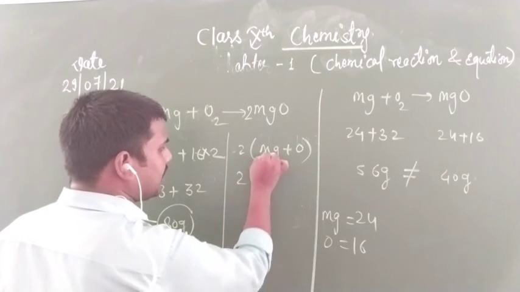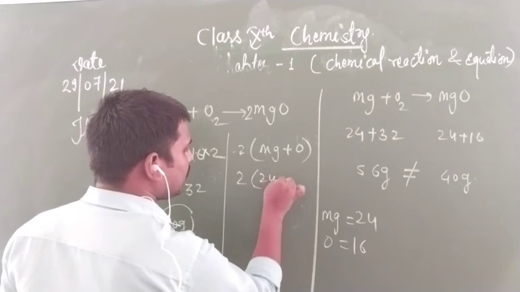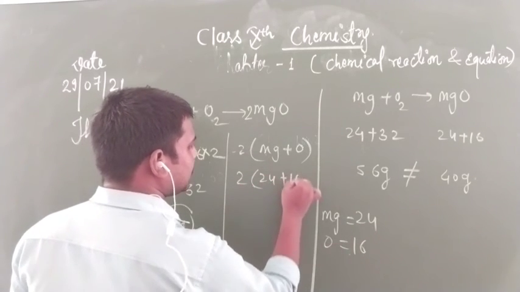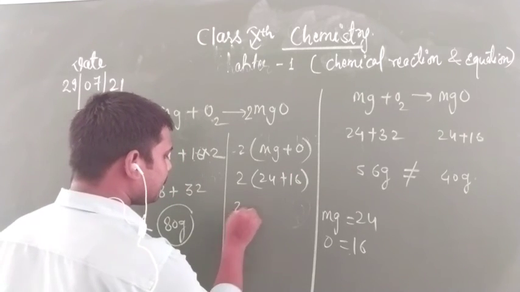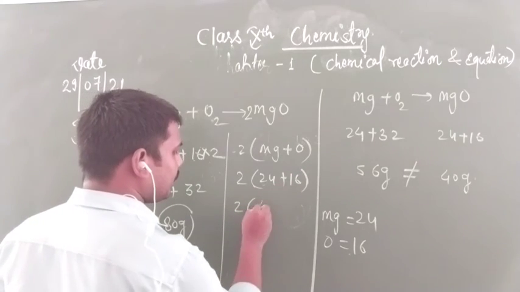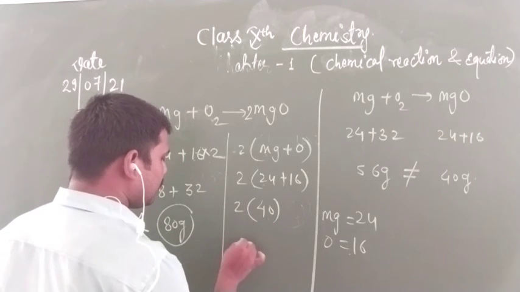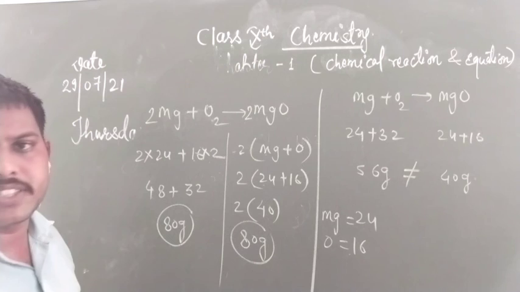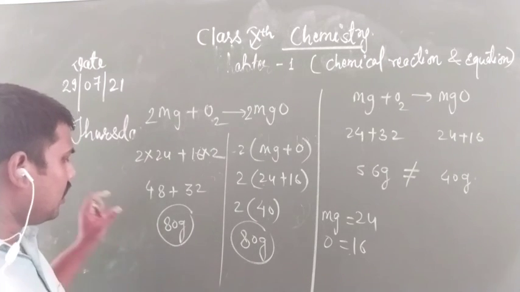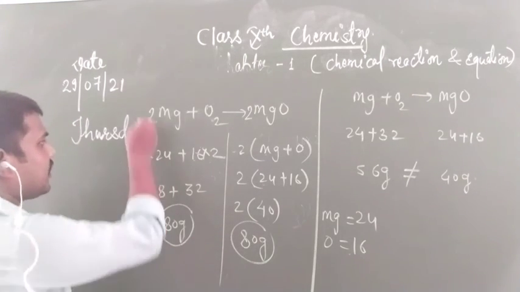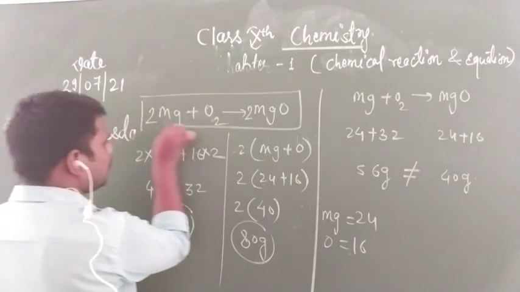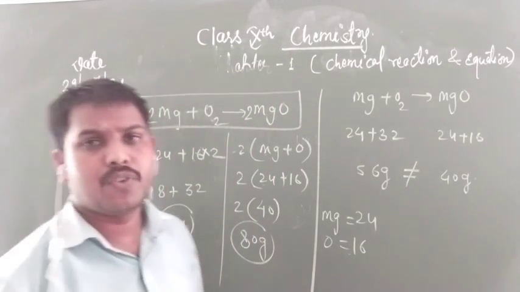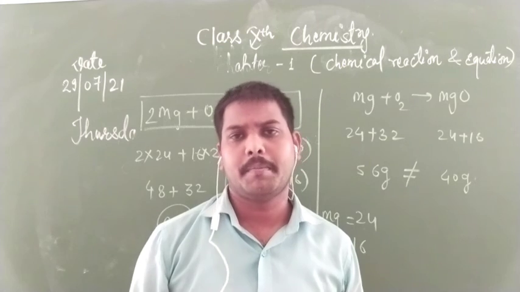So 2 magnesium, atomic mass 24 plus oxygen 16, this will give 40 and 40, 80 gram. It means after balancing the chemical equation, it follows the law of conservation of mass.